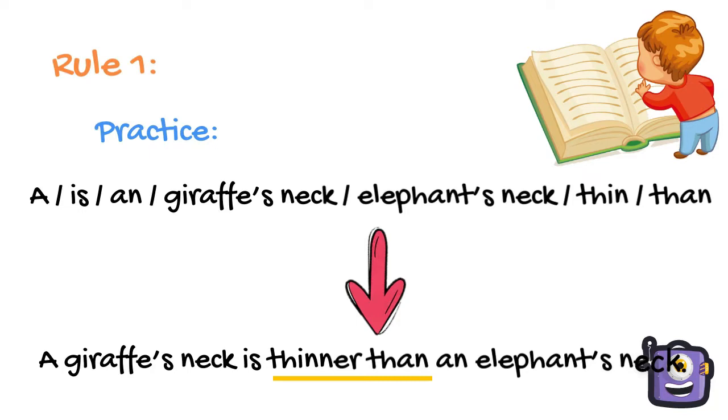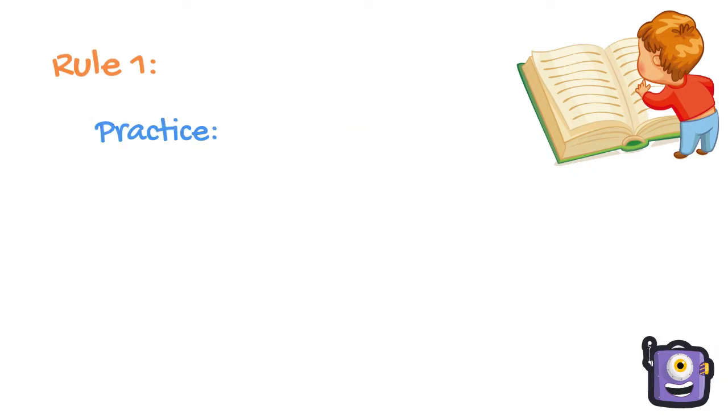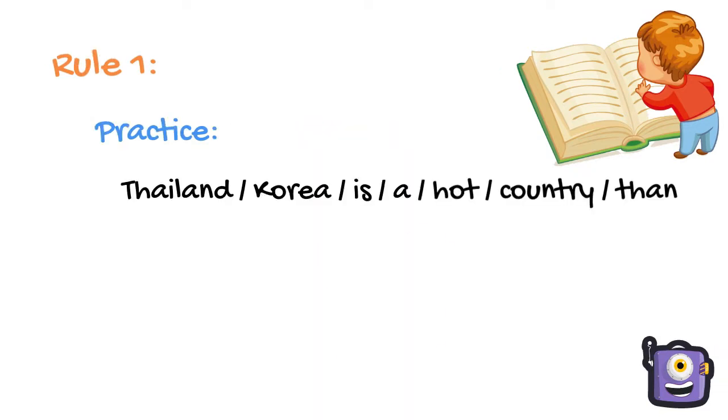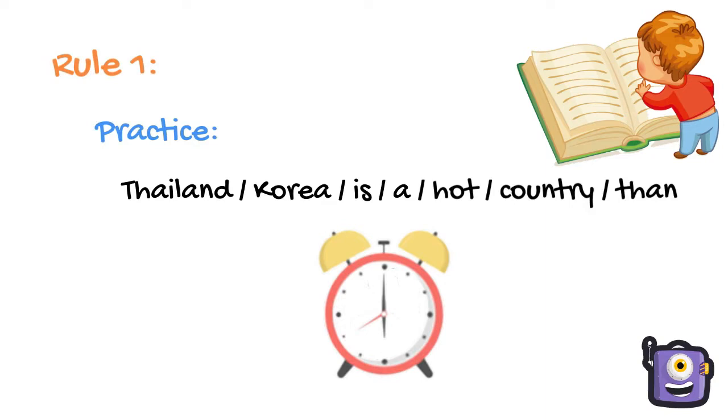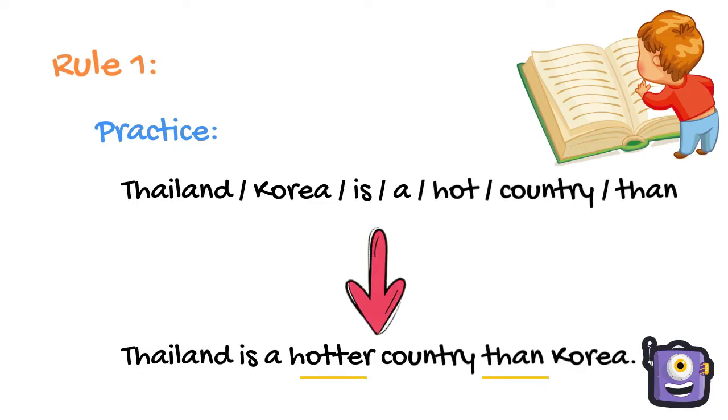And the answer is: a giraffe's neck is thinner than an elephant's neck. Third. And the answer is: Thailand is a hotter country than Korea.